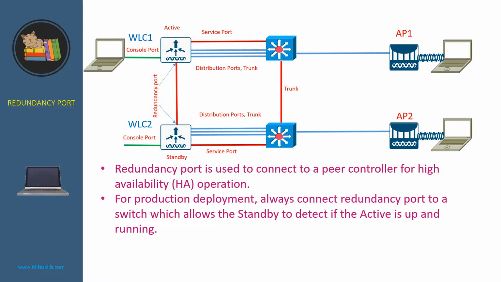However, when this redundancy port is down, this redundancy port is also down. If we put a switch in the middle like this, when this port is down, this port is still up, and it allows the standby wireless LAN controller to detect the active wireless LAN controller is down, and it will take over and become the active.